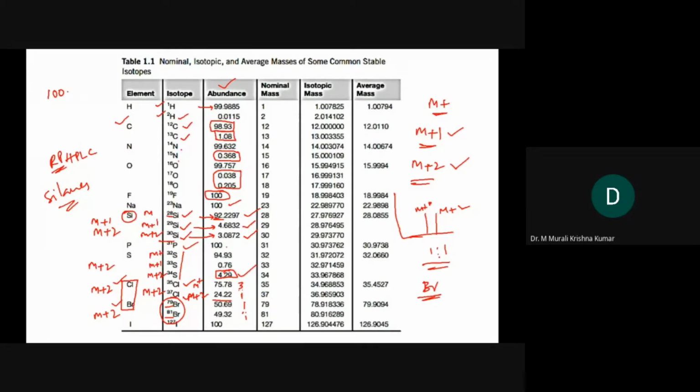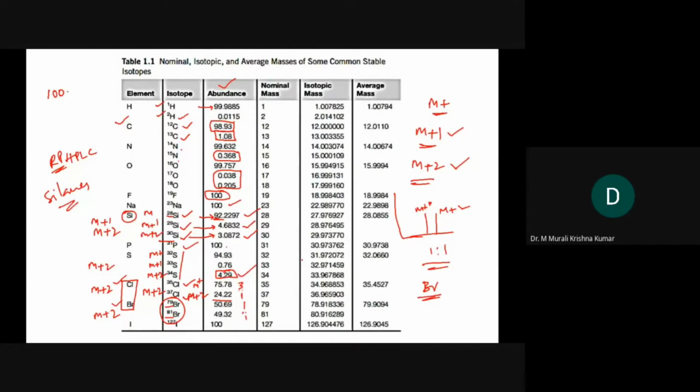In that way, certain elements can be known. It may not tell you anything about fluorine or iodine because they don't have any contributions towards M plus 1 or M plus 2. So it has its own limitations, but it is telling you information regarding halogens like chlorine and bromine. That is the positive point here.